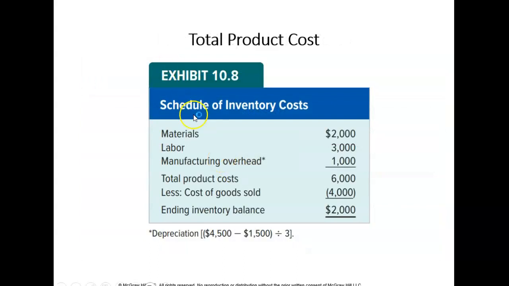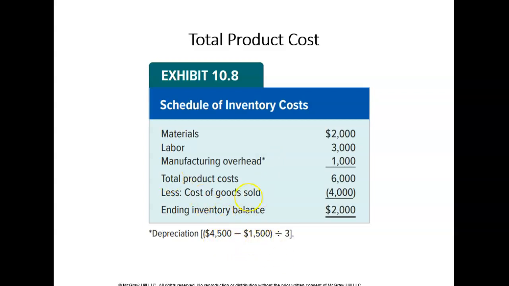Okay? Let's look at a schedule of inventory costs. Here we have our material costs, our labor costs, and our overhead costs. So the total product cost was $6,000. The overhead cost was for depreciation. In this case, the cost of the equipment was $4,500.